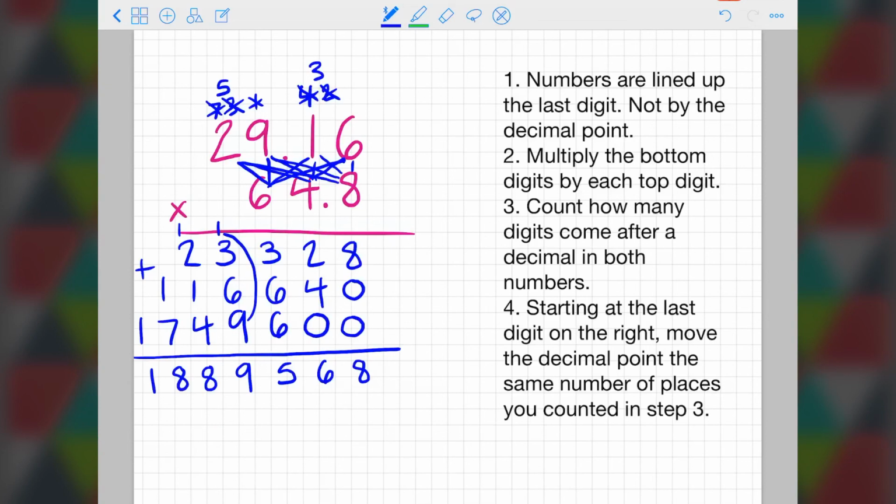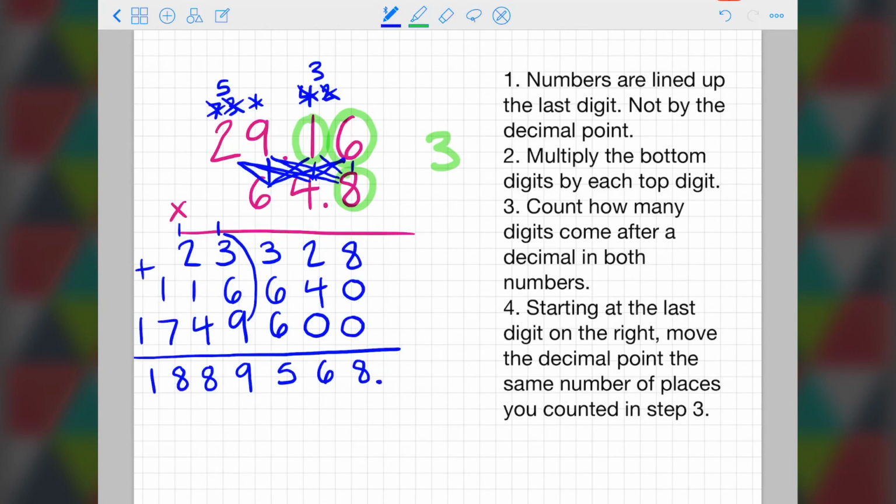Let's see where my decimal is going to go. I'm going to count my digits in my first number, 29 and 1600ths. That's the top number. I have 2 digits there. In my bottom number, 64 and 8/10, I have 1 digit there. Altogether, that's 3 digits. So let's put my decimal in.